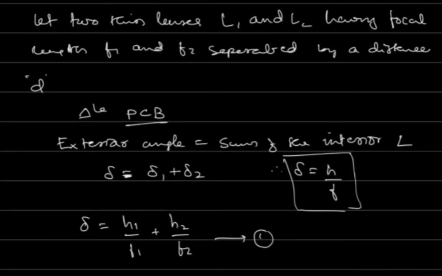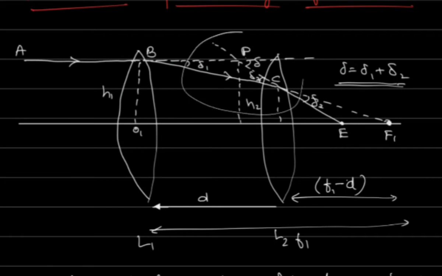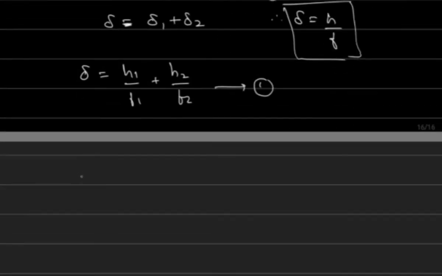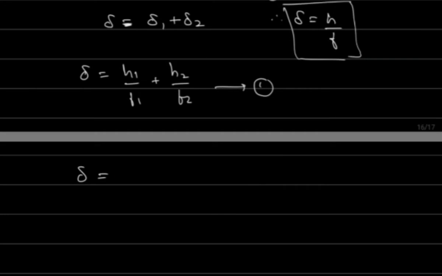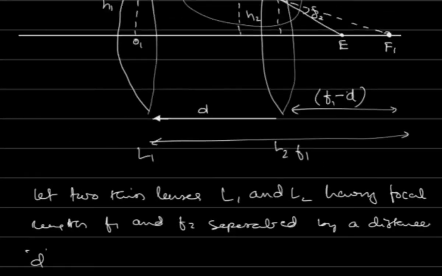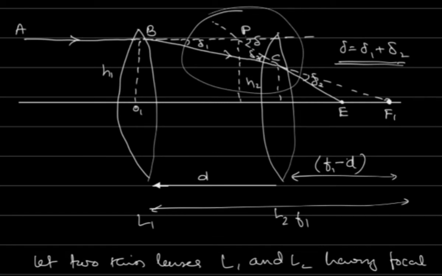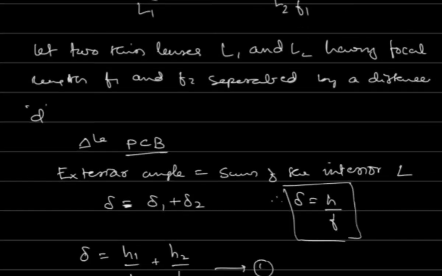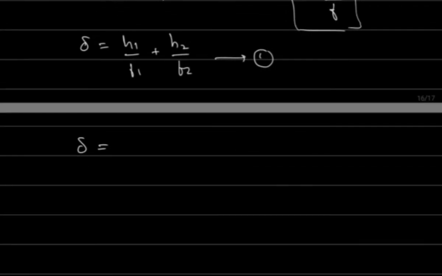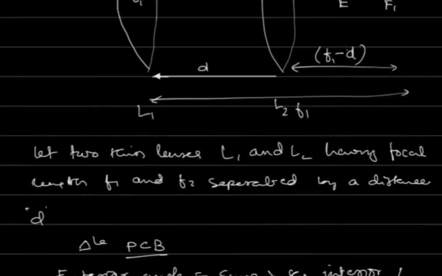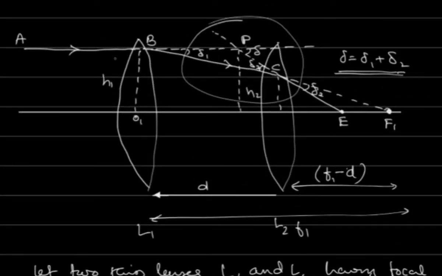Now from this figure, what is the deviation? The deviation is delta equals h1 divided by f. It means, see here, the height h1, complete from this point to this point, is similar to this one height.